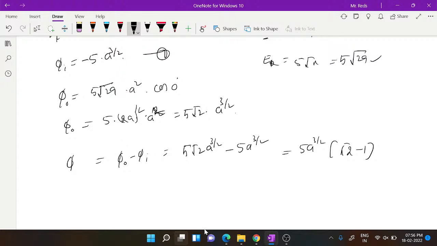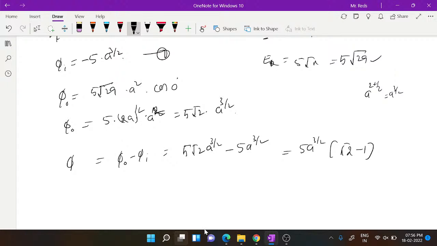So the net flux is this plus this, one positive and another negative. The power a power 1 by 2 plus 2 is 3 by 2 only, right? So it is a power 3 by 2 with the negative 5.